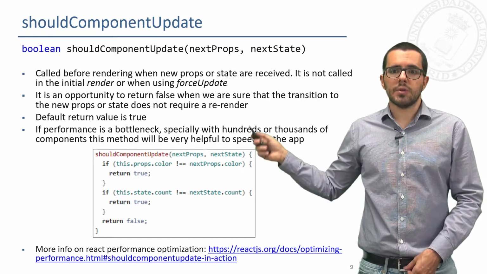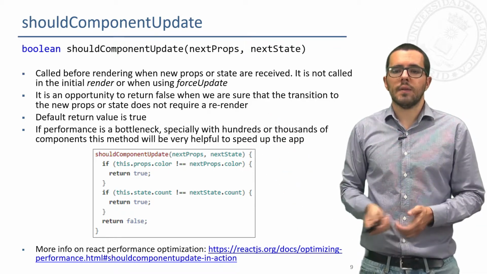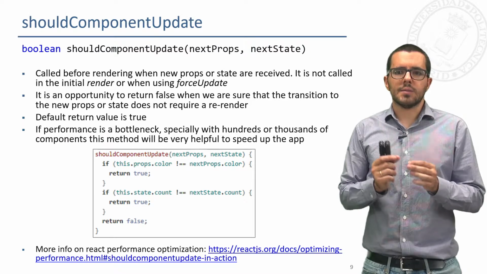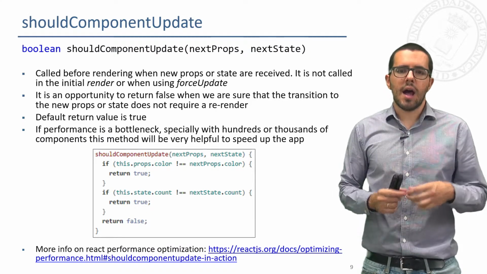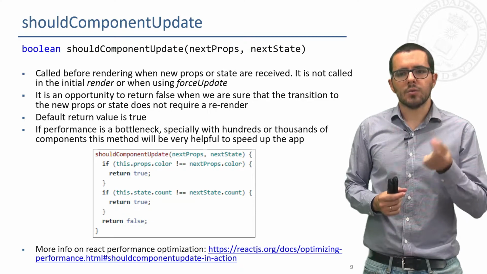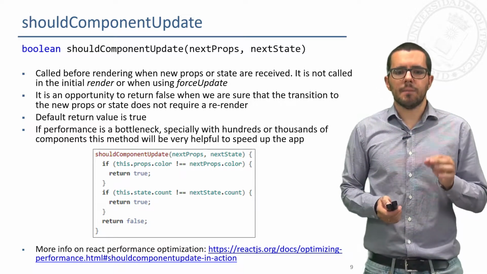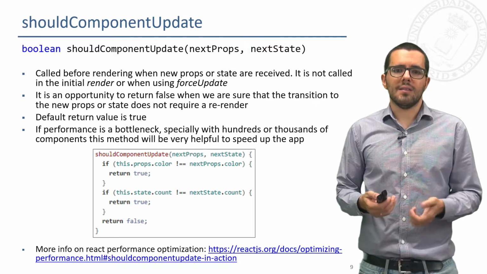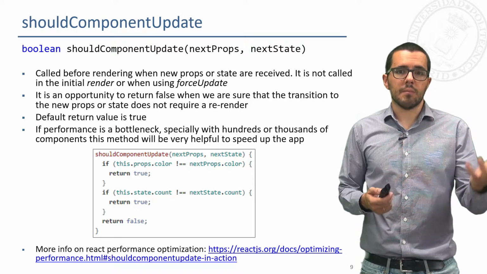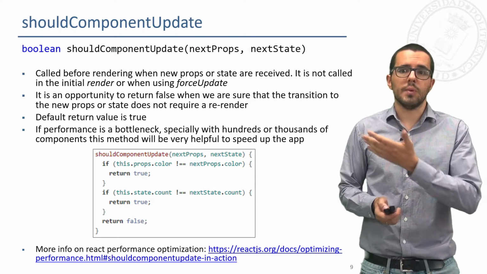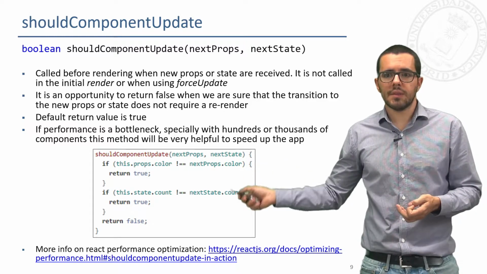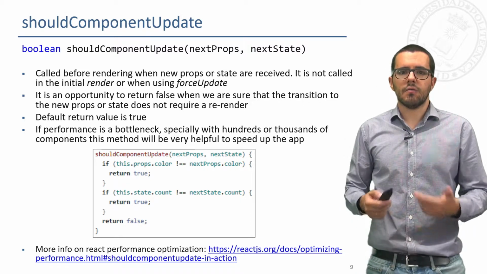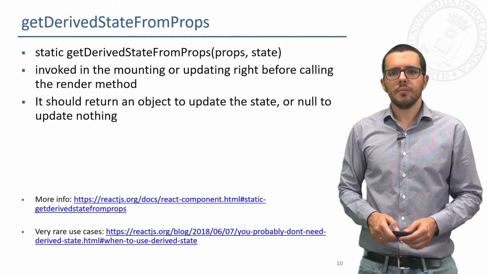By default, this method returns true, and we usually don't do anything here, but if we want to do some fine-tuning, some small improvements, if we have hundreds or thousands of components, we can do special things that React doesn't know how to do, because it doesn't know what our component depends on and if it should be updated. So we can do some fine-tuning, okay? It returns true or false, just if the component should be updated or not.